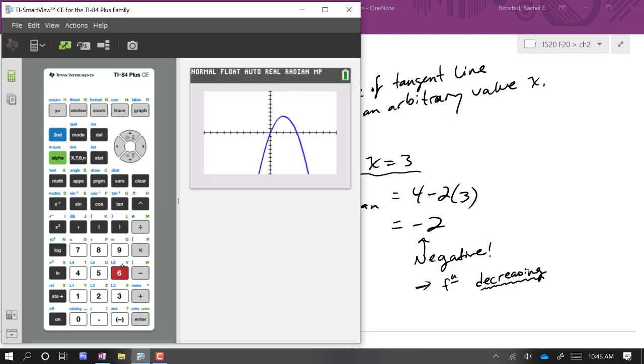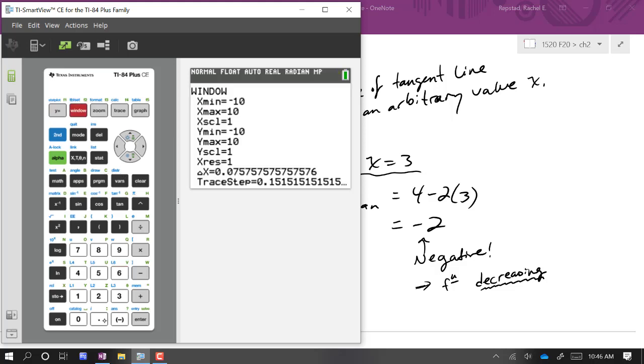And I think what I'll do now is zoom in a little bit. I'll let x go from -2 to +4. So I'm going to hit window, x min -2 to +4.